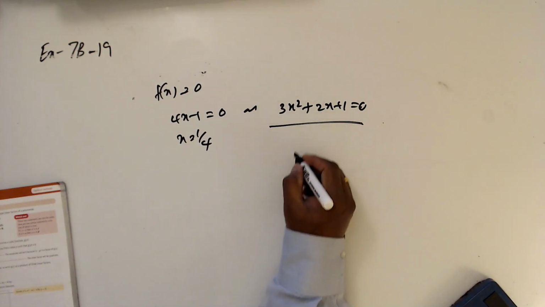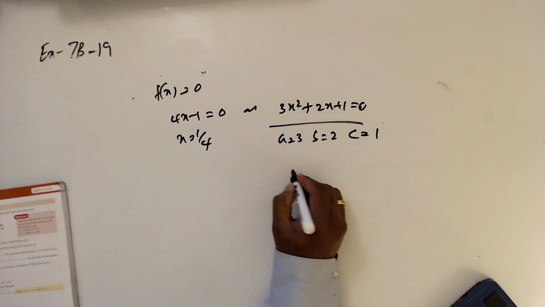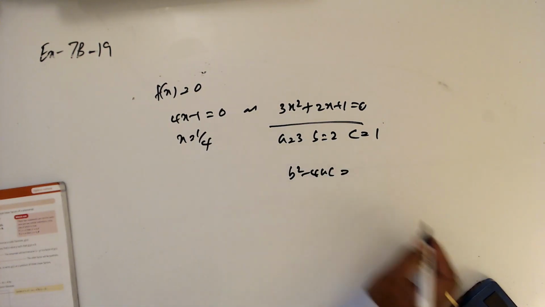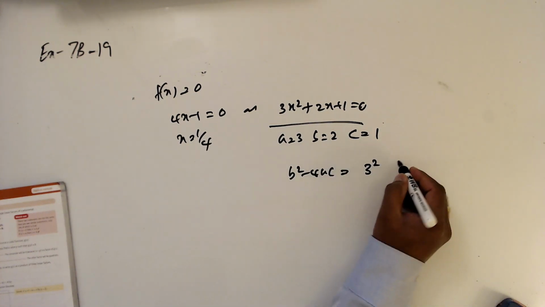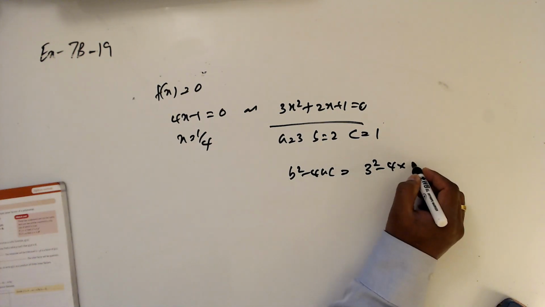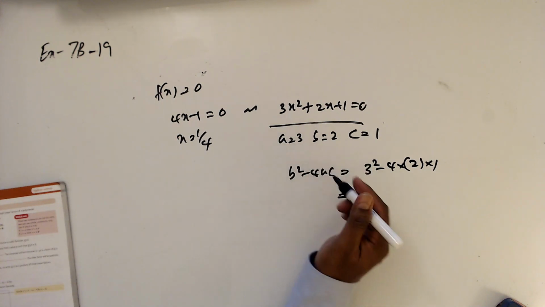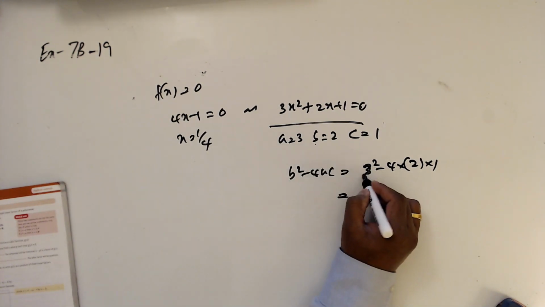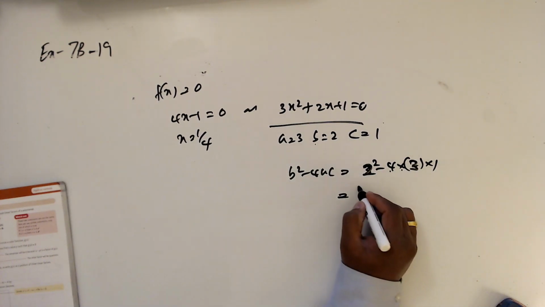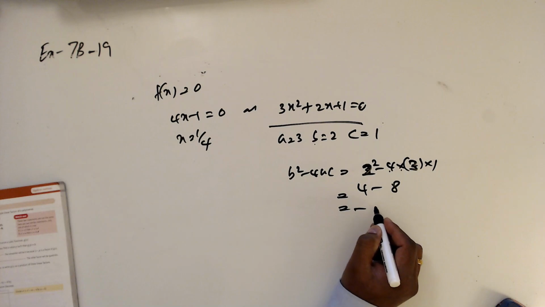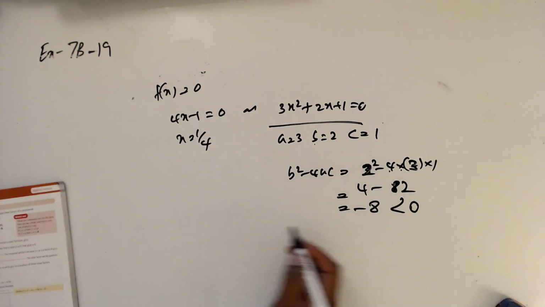So we can check a equal 3, b equal 2, c equal 1, b square minus 4ac. I did the wrong calculation. B square is 2 square, minus 4 times a is 3, times c is 1. So this is 4 minus 12, which is minus 8, less than 0.